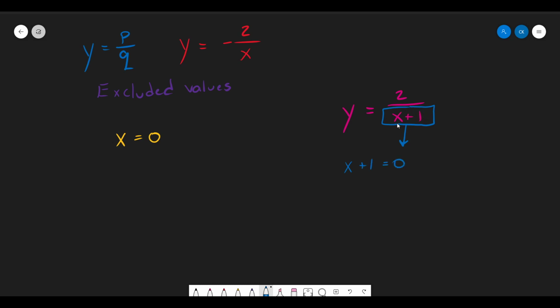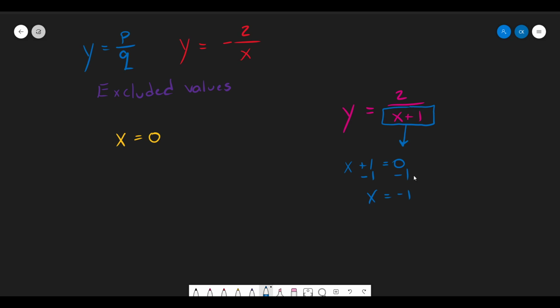So I'm going to take the entire denominator, x plus 1, set it equal to 0, and then I'm just going to solve this. So again, in order to solve this, it's just subtract 1 from both sides. So I get x is equal to negative 1. So my excluded value would just be negative 1.